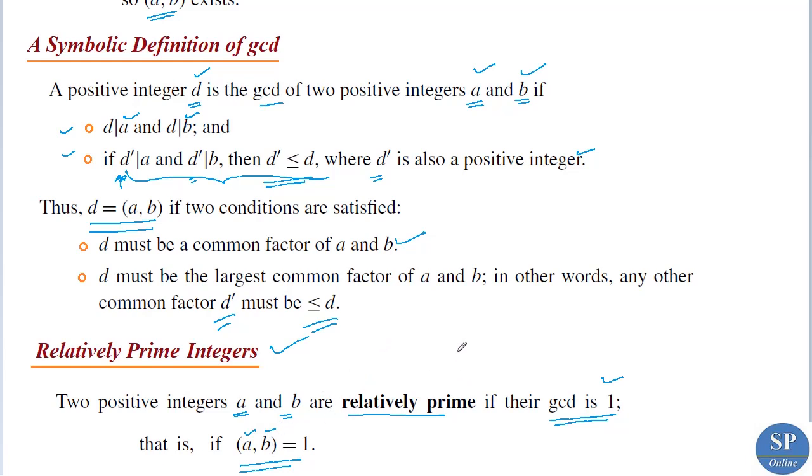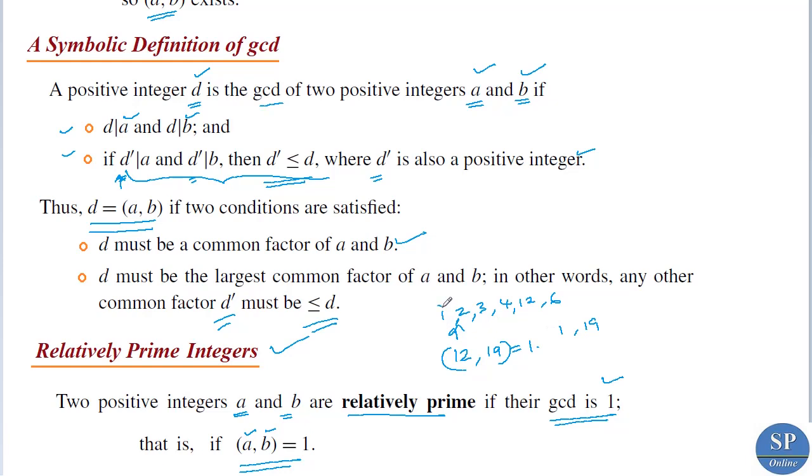For example, GCD of 12 and 19 equals 1, because the factors of 12 are 1, 2, 3, 4, 6 and 12, and the factors of 19 are 1 and 19 only.